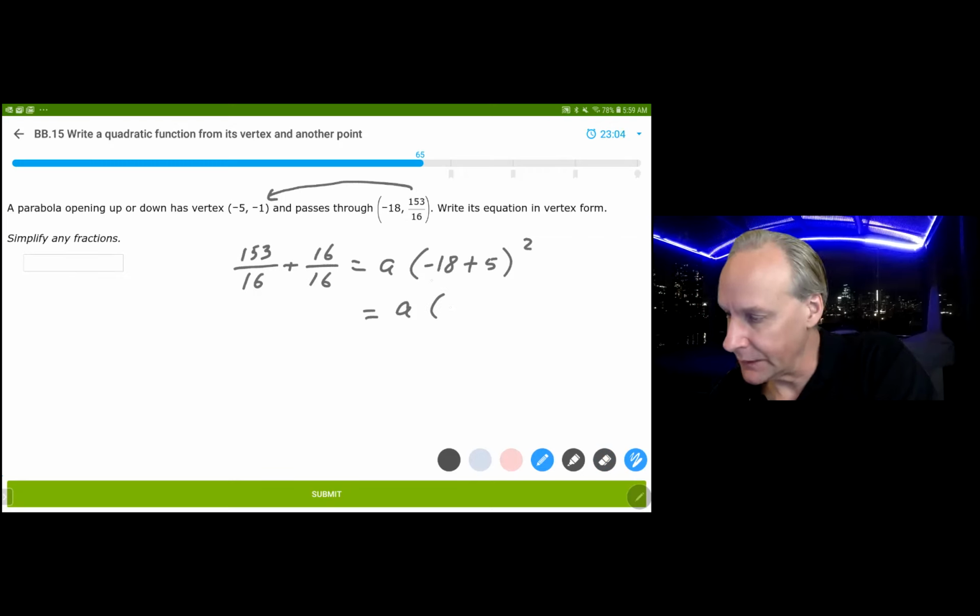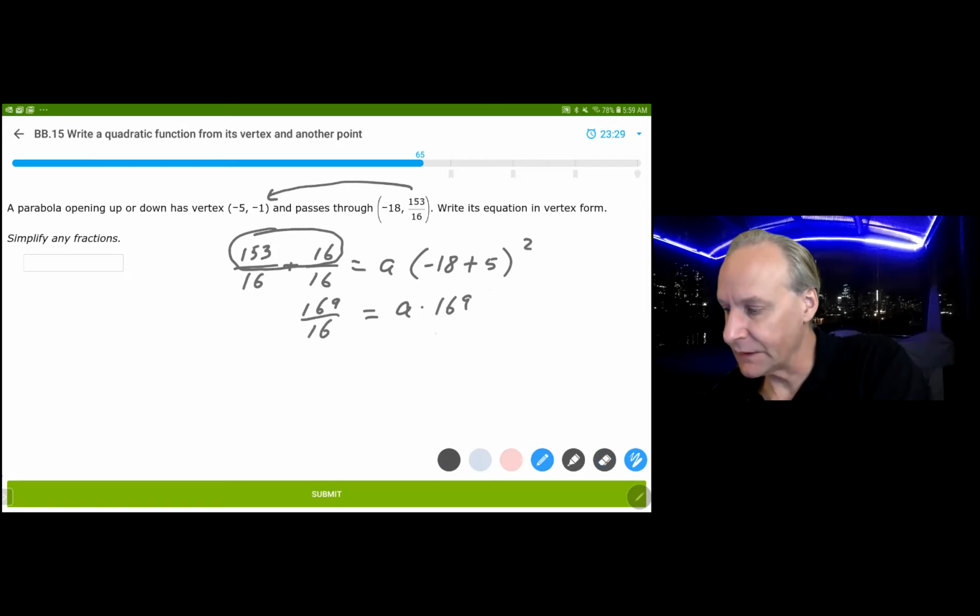I'll go ahead and put negative 13 squared is 169. And look at what we get here. Isn't that 169? It sure is, over 16. And when we square that negative 13, we get 169. I'm just going to go ahead and erase it and just put the 169.